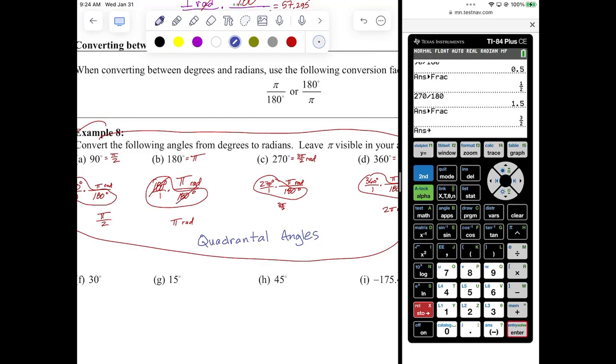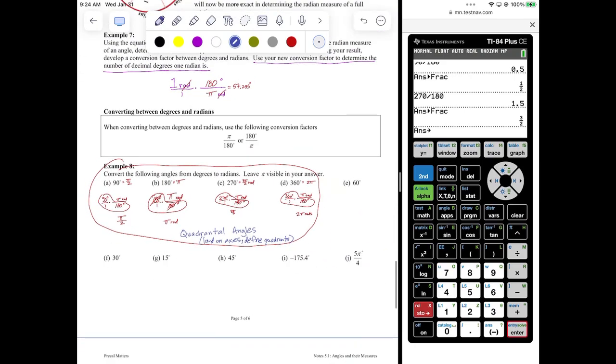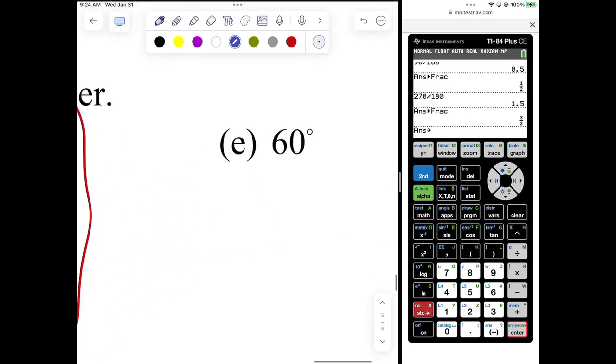They define the quadrants, don't they? They land on the axes. So you need to know those. You need to have the conversions memorized, which I think you already do.